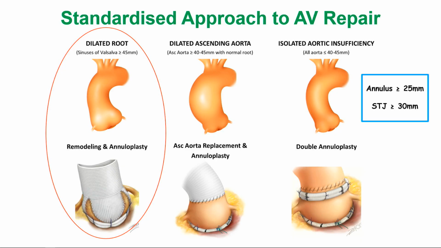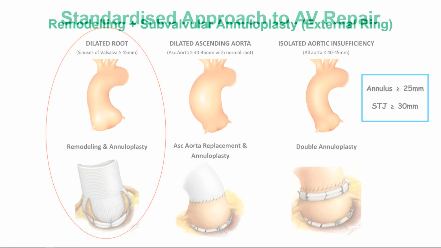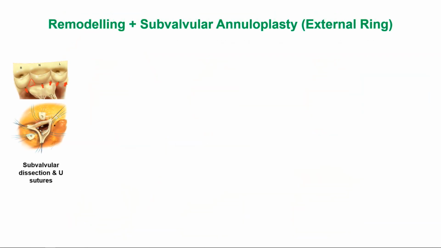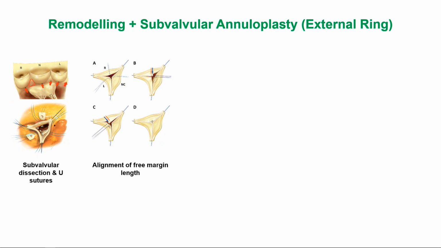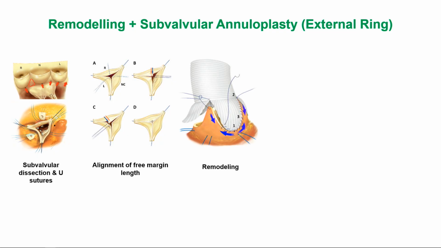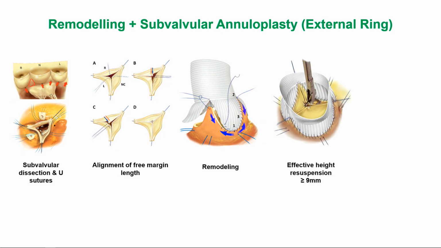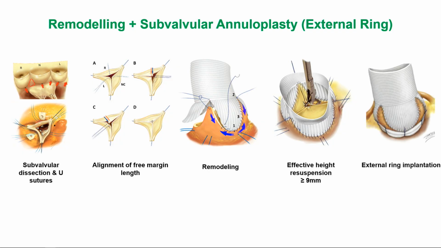And we focus on the learning curve of a standardized approach of valve-sparing root replacement with remodeling and annuloplasty. So the technique had subvalvular annuloplasty with stitches, lining up the free edges of the cusp prior to root reconstruction, and then remodeling root reconstruction in a symmetrical manner with three tongues or two tongues for tricuspid and bicuspid, resuspend the commissures, and do the annuloplasty at the end.